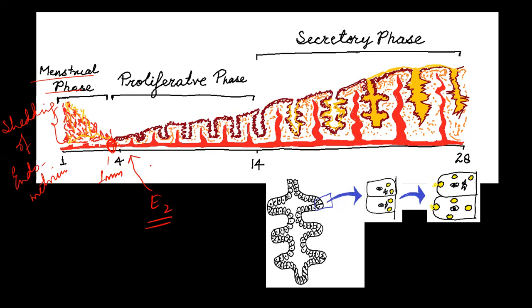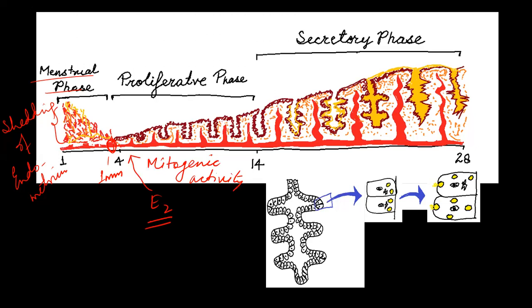So how will it cause this? It will cause the growth by causing cell division, as estrogen has mitogenic activity. That means it is able to cause cell division. That's why the cells divide more and more.